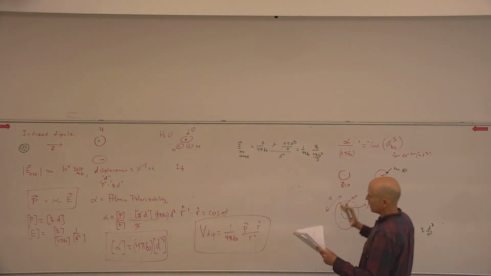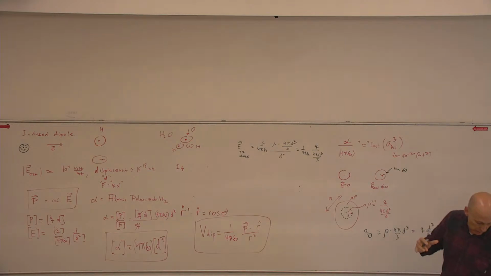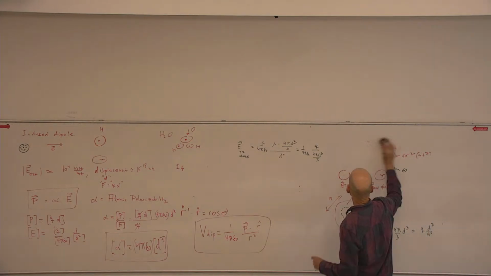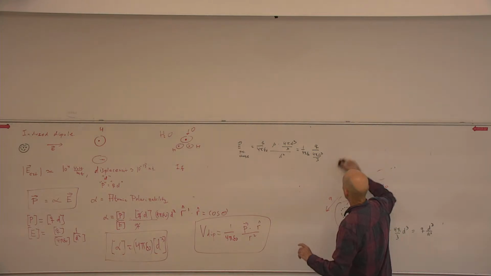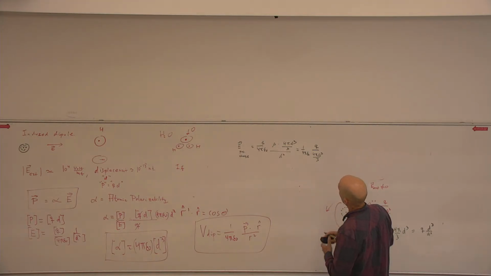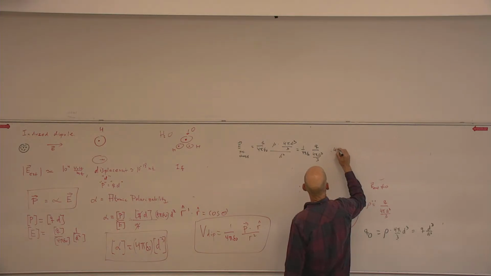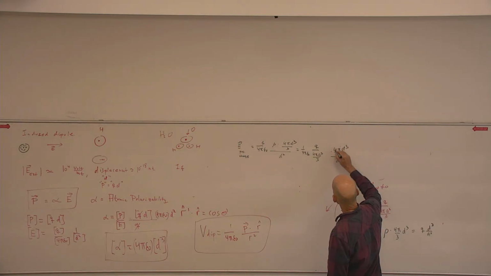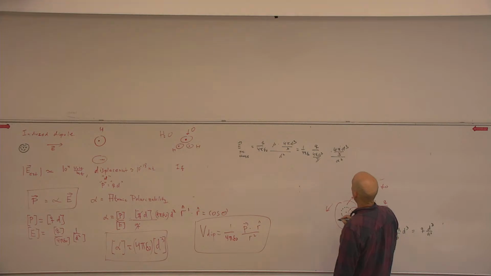So a is again the size of the atom, more or less the radius of Bohr, 10 to the minus 10 meters, multiplied by 4 pi d to the 3 over 3 divided by d to the power 2. So you see what happens, these will cancel.